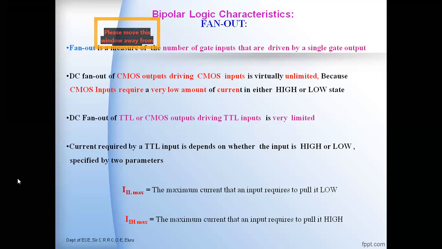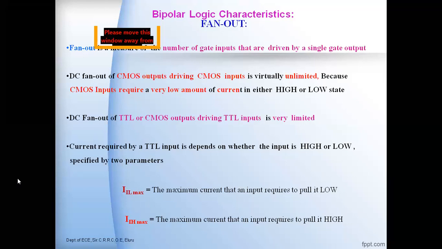So IIL maximum is for the low value, and IIH maximum is to pull it to the high value.